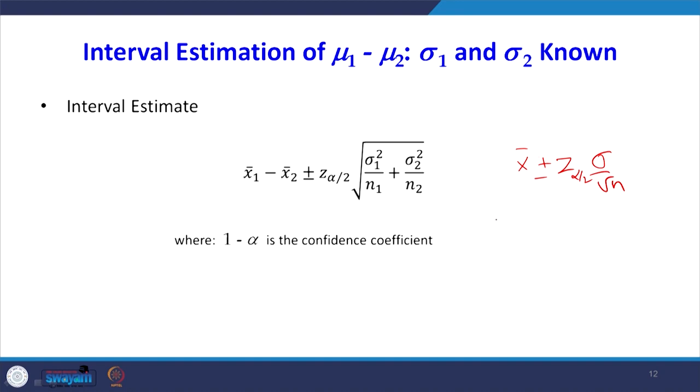Instead of x bar we write x1 bar minus x2 bar plus or minus z alpha by 2 as it is, and sigma by root n is replaced by root of sigma 1 square by n1 plus sigma 2 square by n2. What I am trying to say is that even though it is a two sample Z test, the logic of extending one sample to two samples is very easy. You need not remember the formula; you can just intuitively extend it.